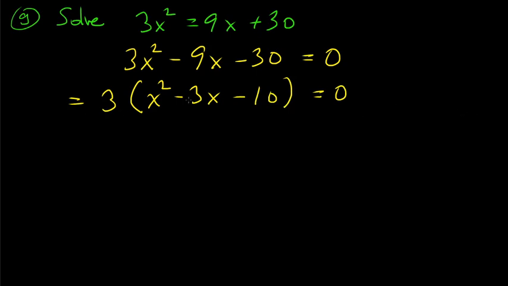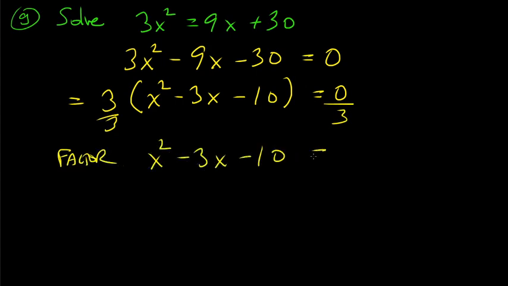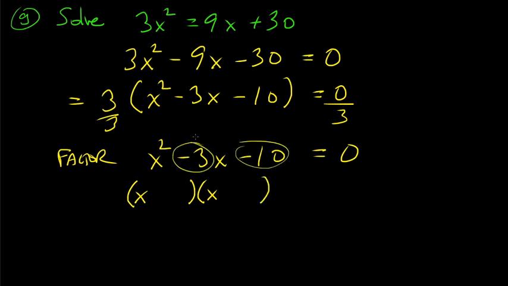And in fact, you can divide by 3, right? The 3 doesn't matter. The 3 is not an answer here. So at this stage, we just have to factor x squared minus 3x minus 10, and then we'll set it equal to 0 to solve it. And you could use the AC method, but what two numbers multiply to negative 10 and add to negative 3?